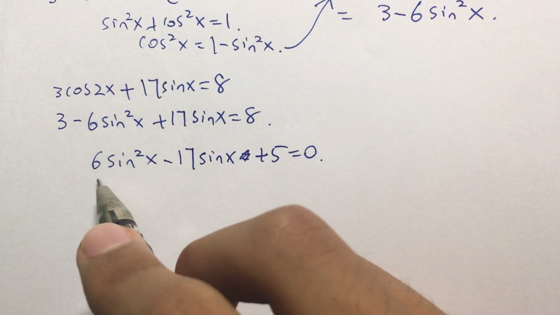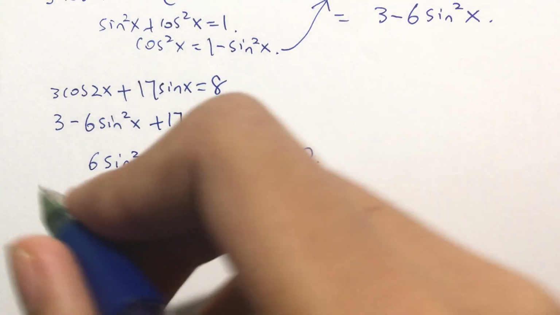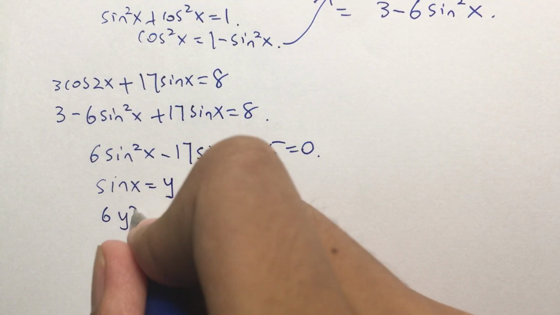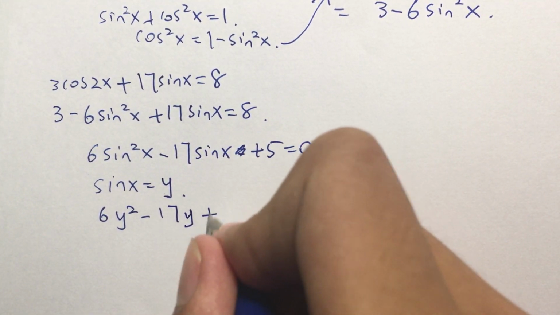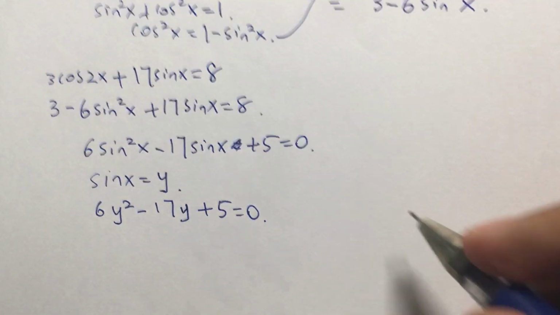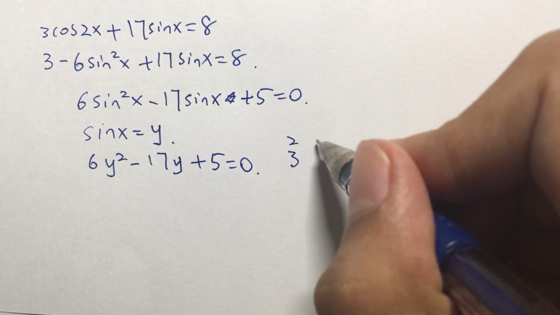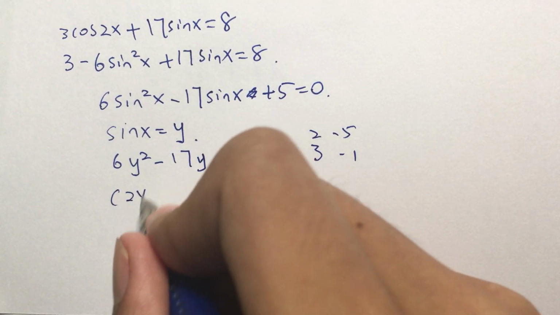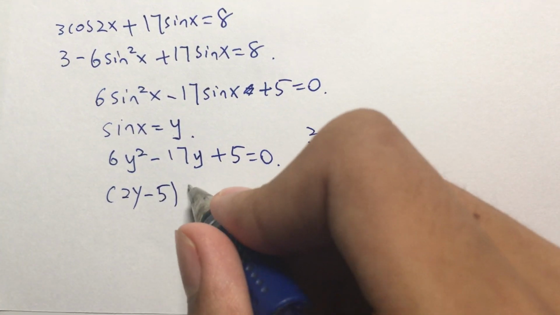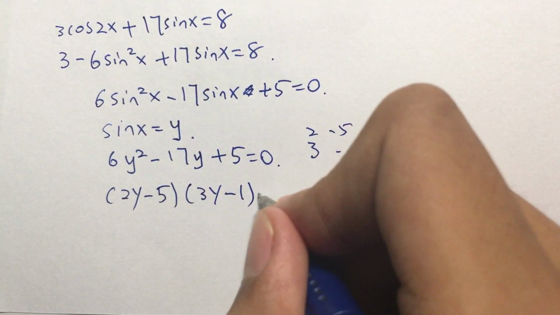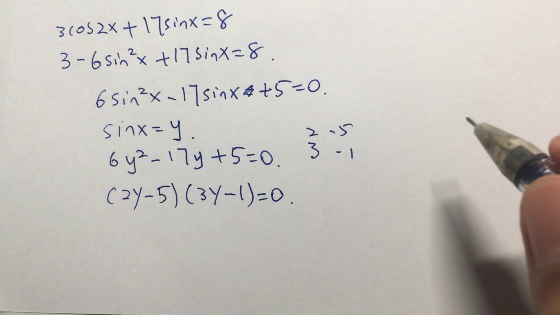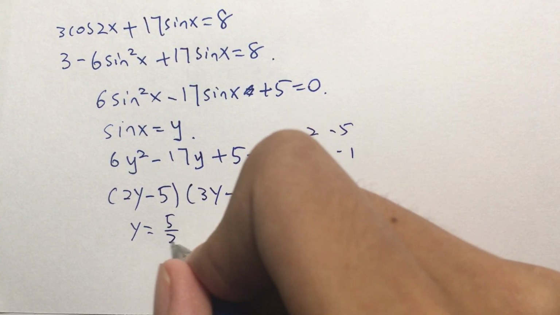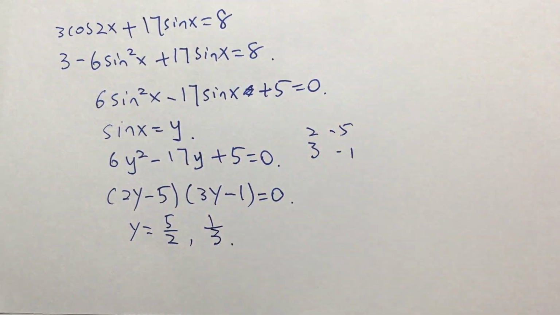This is very similar to a quadratic equation, right? So let's assume sine x equals y, and we get 6y squared minus 17y plus 5 equals 0. We do the cross multiplication, which becomes (2y minus 5)(3y minus 1) equals 0, and we got y equals 5 over 2 and 1 over 3.